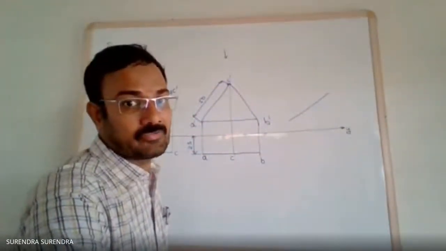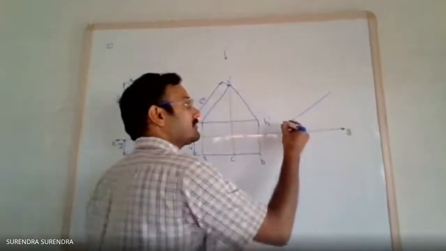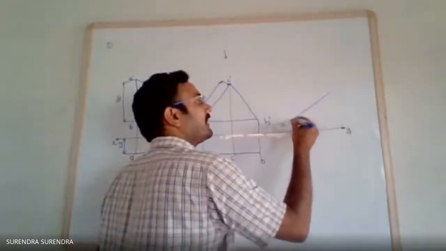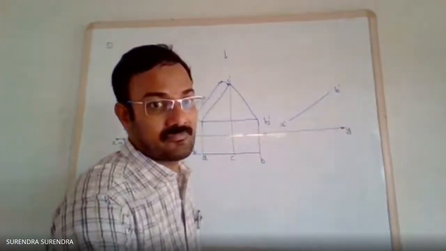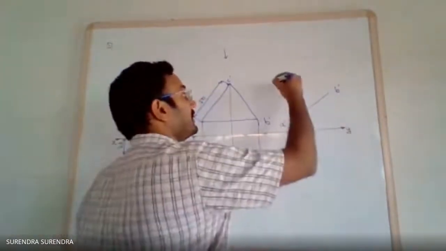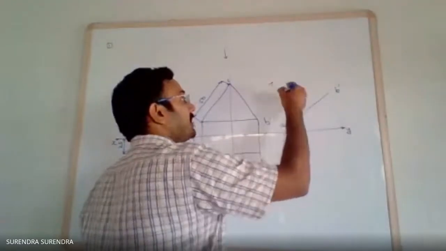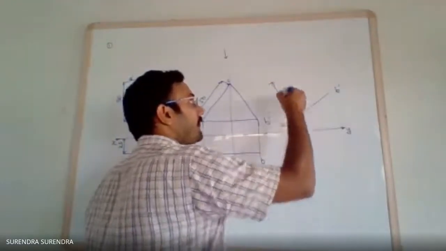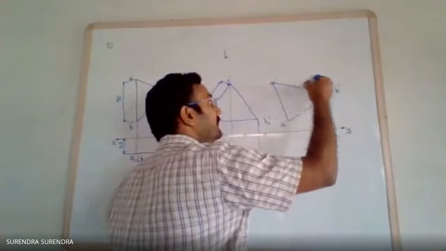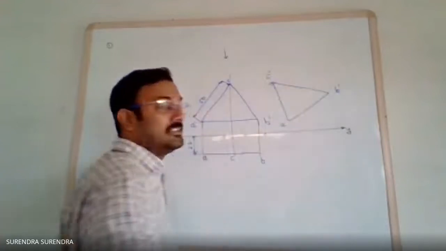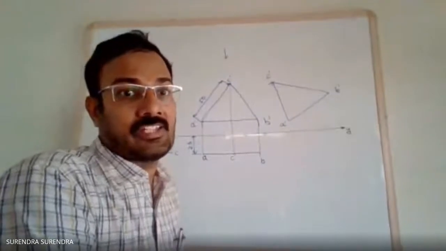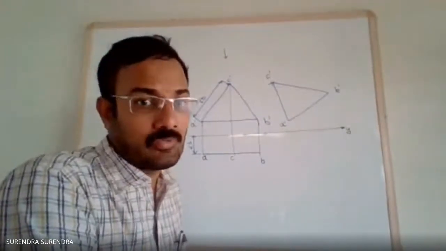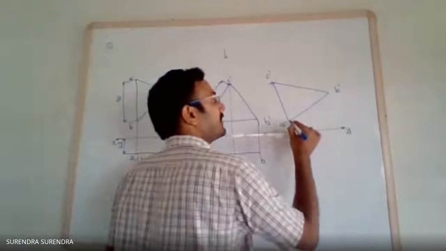These are the points A dash, B dash. Now from A dash as center, draw an arc, and from B dash as center, draw an arc. We'll get the point C dash. So this is the triangle when one of its sides is inclined at 45 degrees to horizontal.